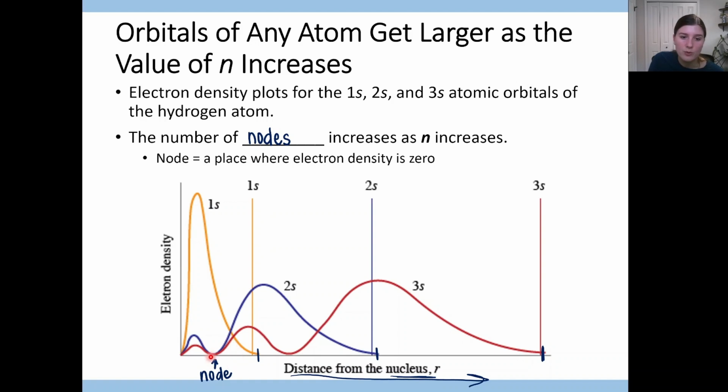Now for the 3s orbital, there's a node here, and there's another node right here where no electrons can exist, and then electrons can occupy a distance from here. So as n increases, as we go from 1s to 2s to 3s, the number of nodes increases. Now these are for all s orbitals.